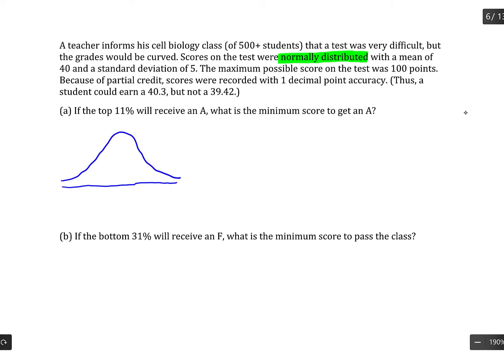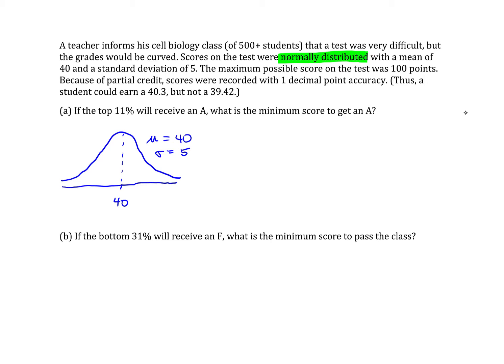That way you get a visual clue as to how to solve the problem. The pertinent information for any bell-shaped curve is the mean and, of course, the standard deviation. So the mean is located right in the center of the distribution.